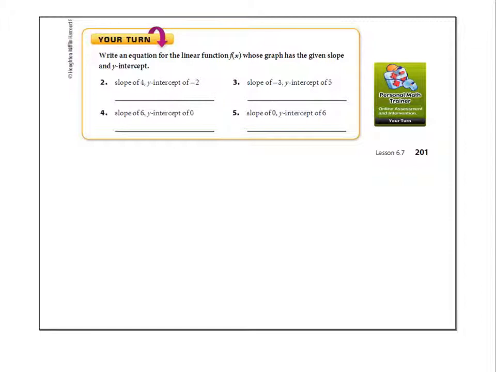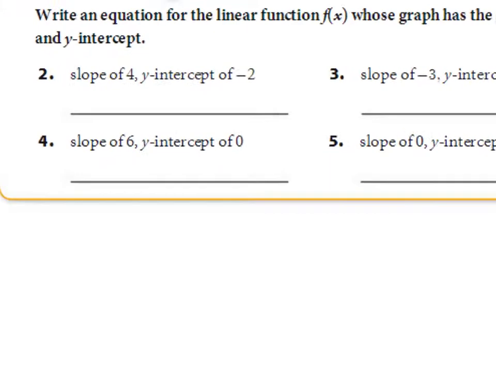Let's do one more problem together, and then you'll try the next three on your own. So we're going to look at number 2. It tells us, again, we have a slope of 4, which we know is the letter m, and a y-intercept of -2, which we know is the letter b.